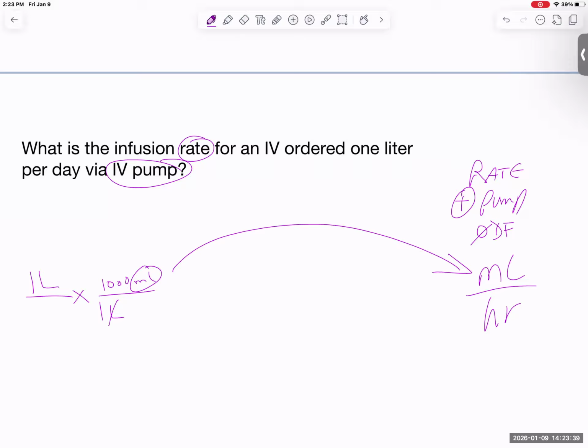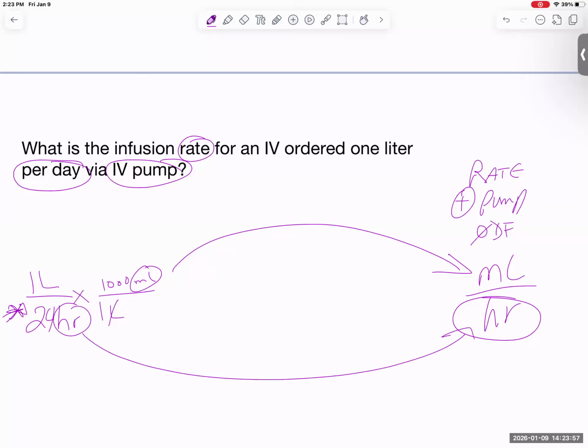Sorry. So when I say per day and I need hours, what goes down here? Day. Well, how many hours are in a day? 24 hours. So that's what I would put, 24 hours, because I need hours. So yes, it's 1 liter per day is 24 hours.